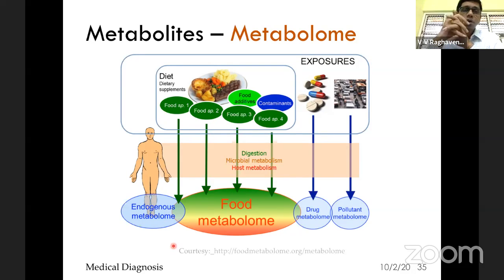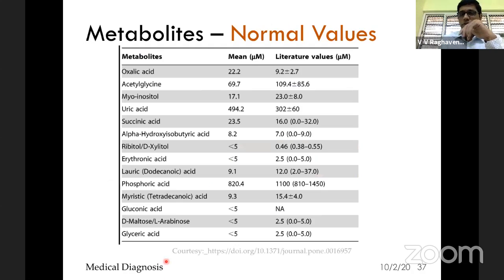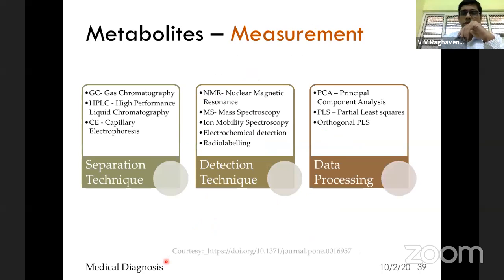But you cannot really apply the same technology to metabolomics. Why? Because that won't work. So how do you do it? The standard procedure is to use GCMS. GC stands for gas chromatography, and MS stands for mass spectroscopy.